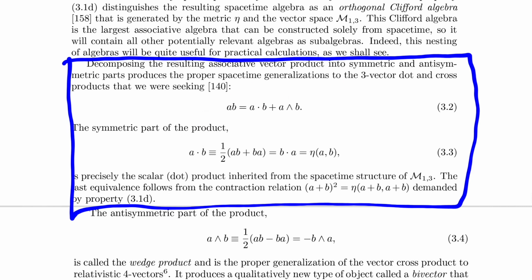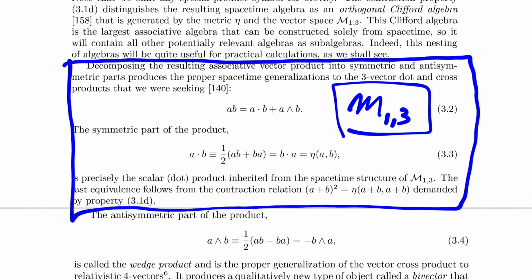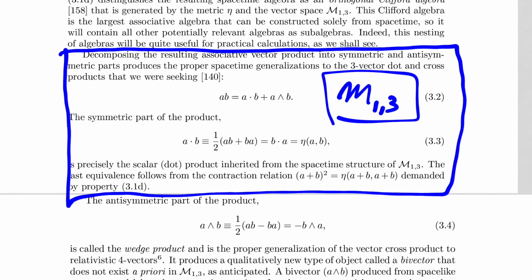And so we're realizing still a couple things. A and B are still members of M13. So we're still looking at these formulas. Whenever we see A and B, we're still stuck in M13, this little sub-piece of our ultimate final algebra. And again, we will build up the rest of the algebra from that.